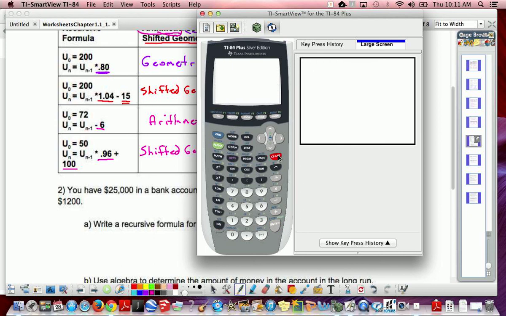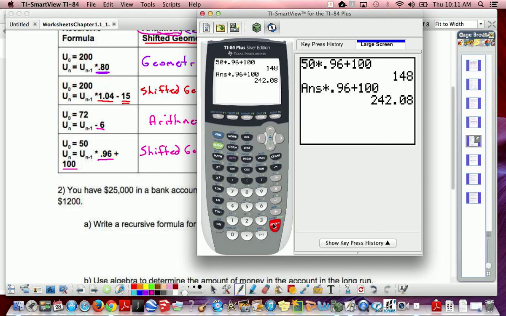But when I do this last one here, I'm going to start at 50, I'm going to times it by 0.96, and I'm going to add 100. So now I'm going to use my last answer feature, so I'm going to times it again by 0.96, and add 100.